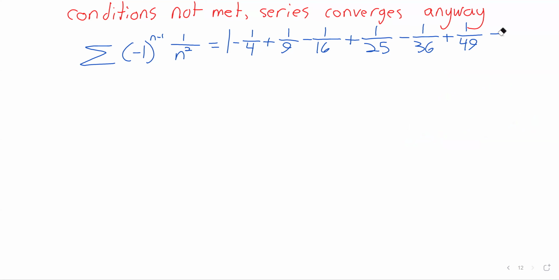As a matter of fact, this series converges absolutely. If you put absolute values around it, we get a p-series, and the p-series converges.